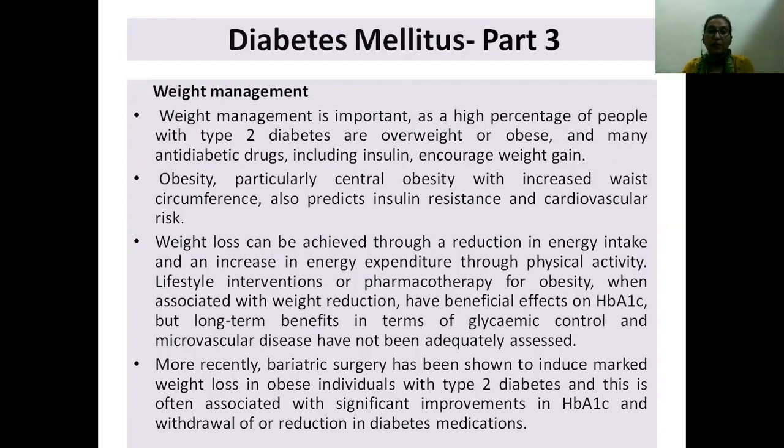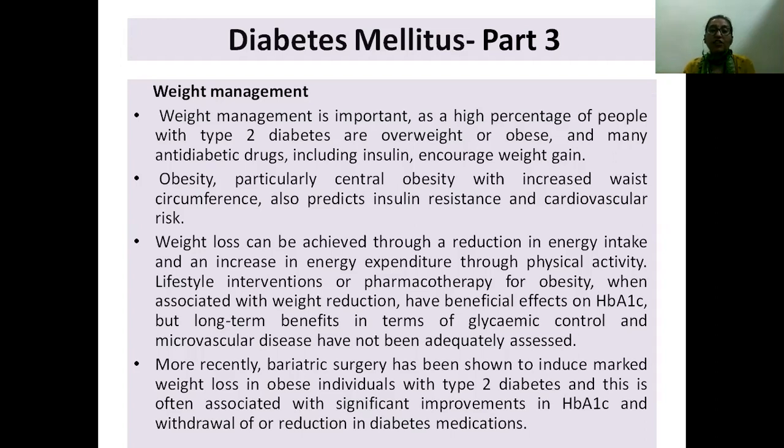Now weight management is important, as type 2 diabetic patients are overweight or obese, and with some anti-diabetic drugs, including insulin, the patient gets weight gain. Obesity, particularly central obesity with increased waist circumference, also predicts insulin resistance and cardiovascular risk.